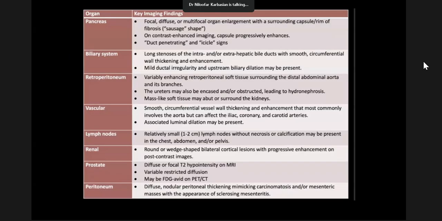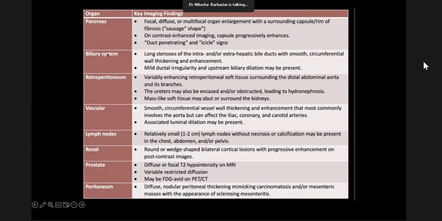This is a busy table showing all the various organs in the abdomen and pelvis that can be involved with IgG4 disease. I'm going to go over a few of them by imaging, but just remember the pancreas is the most common. It has this classic sausage shape with a peripheral rim of enhancement. I'll go over that real quick.